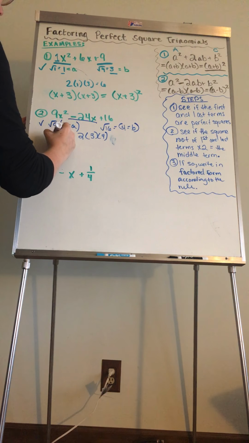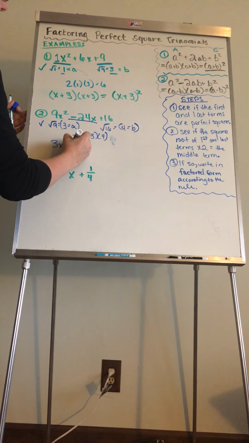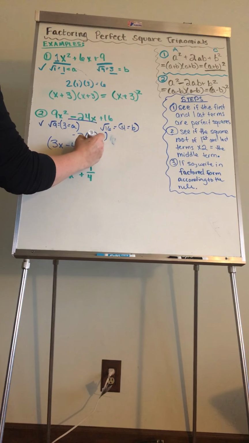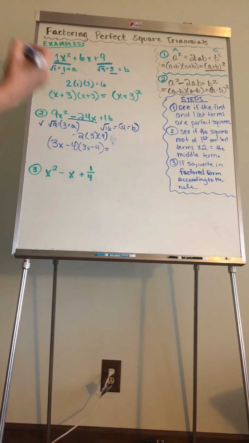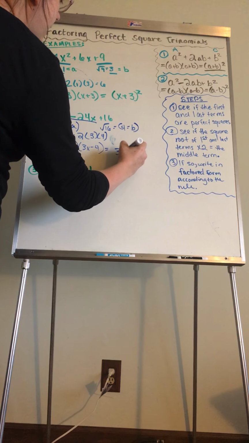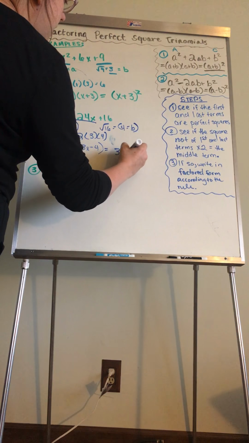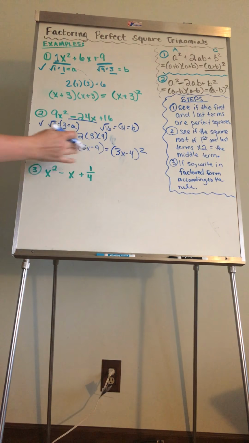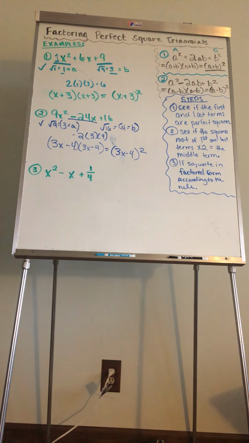So I'll have 3x minus 4, then times 3x minus 4, all right? Or, and I want you to get used to this, it will be 3x minus 4 squared. Because again, that expands to this times this, okay?